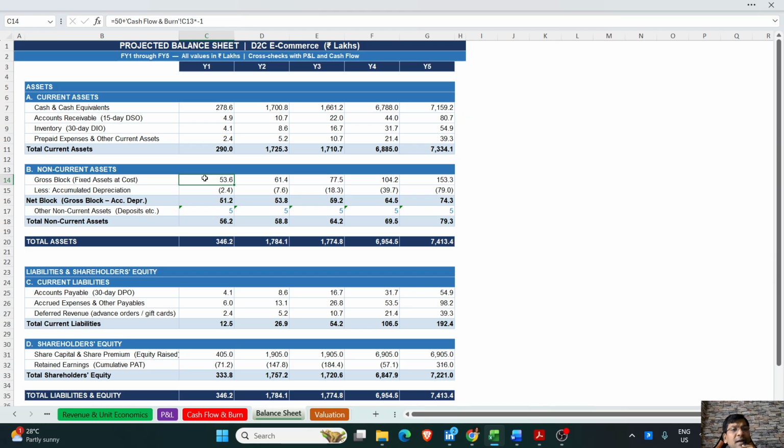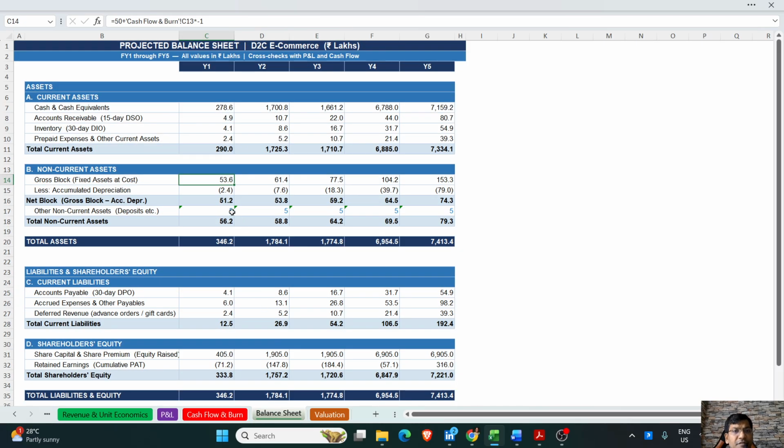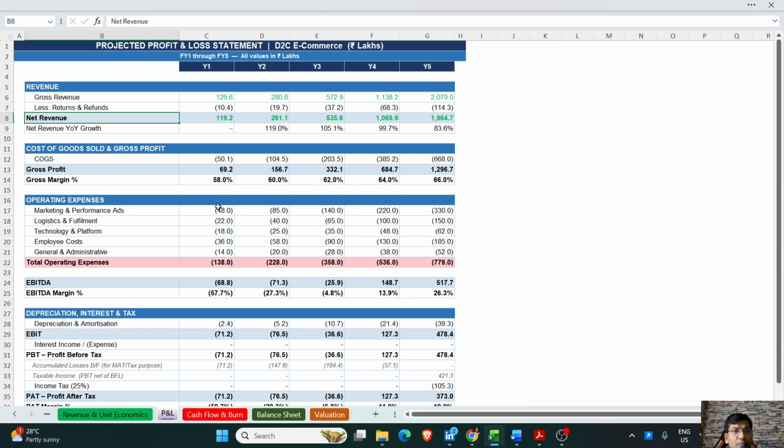Again here in the balance sheet, I start with 50 lakhs as my opening gross block. If I also have capex there, I add this up, so it becomes, let's say, 53.6. And my accumulated depreciation for the first year is 2.4, which we had assumed as a percentage, and then it goes on in each year.